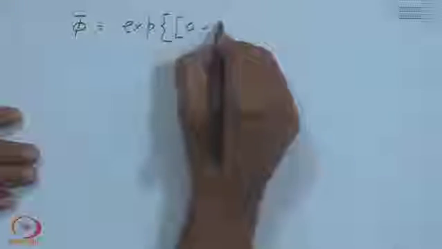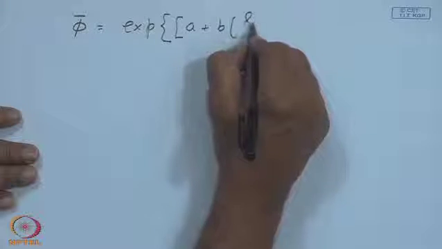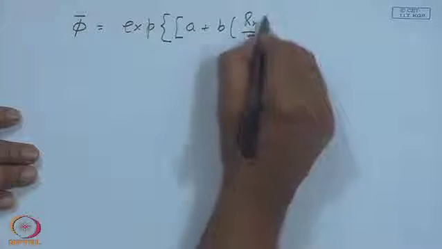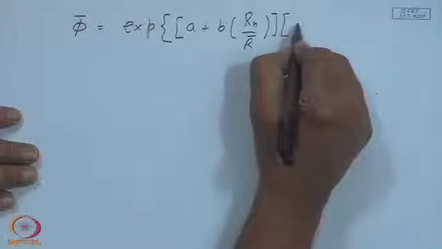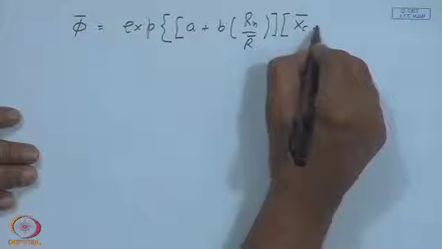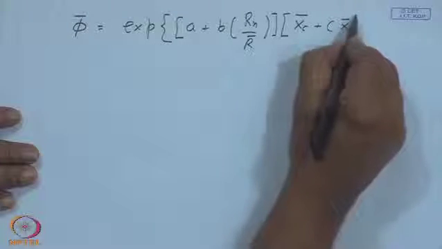A plus B Rn by R bar times xc bar plus C xc bar square.